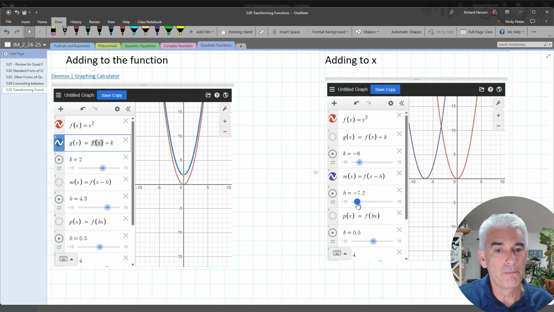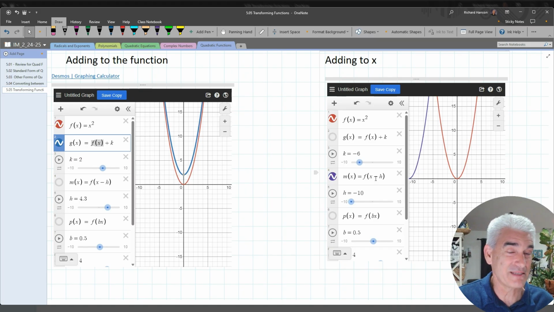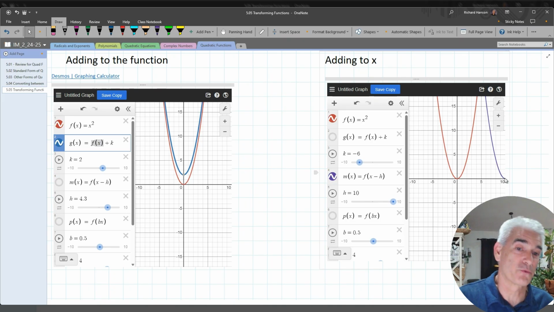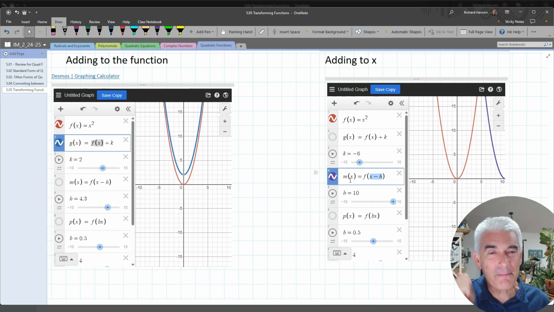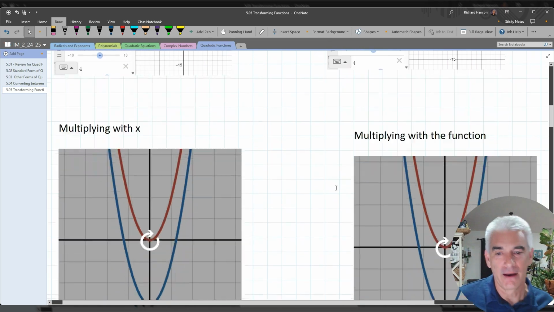And the bigger negative number that I subtract, so basically this is f of x plus 10, it shifts it further and further left. F of x minus 10 is shifted 10 units to the right. So this is me adding to x, then plugging it into the function. Where I'm adding makes a difference.